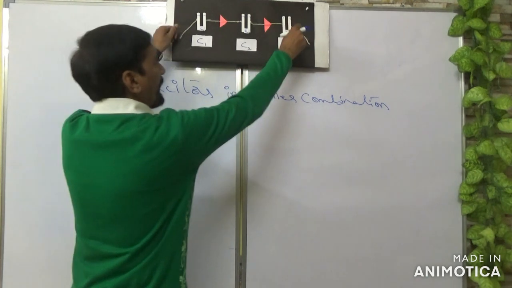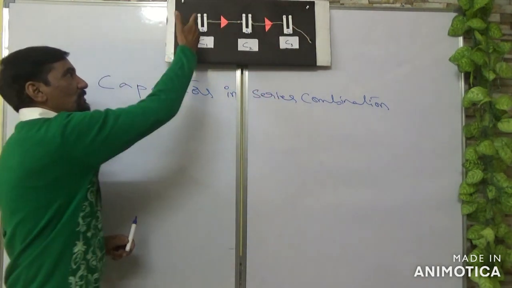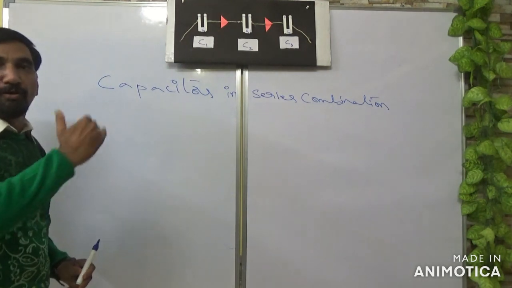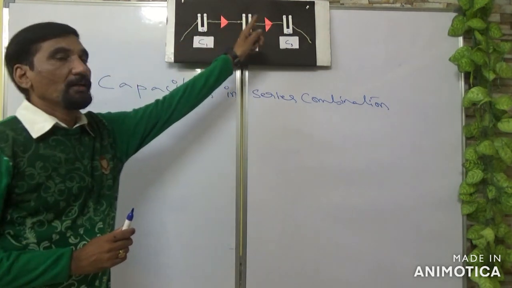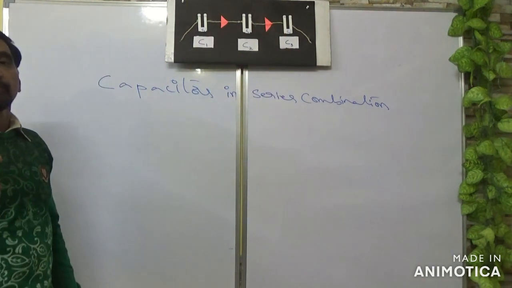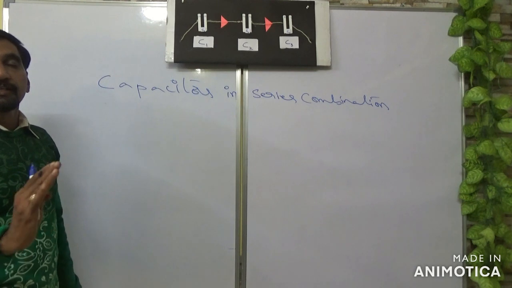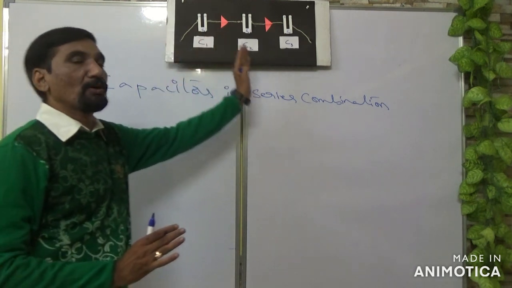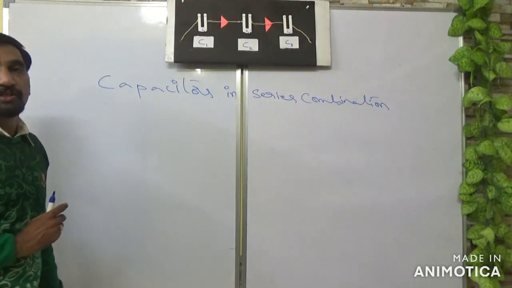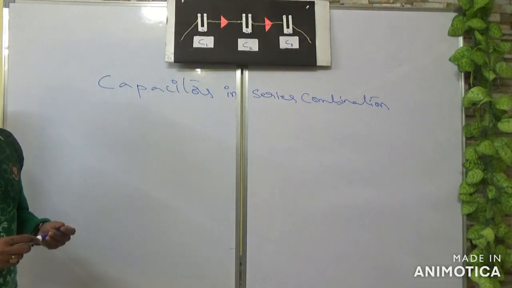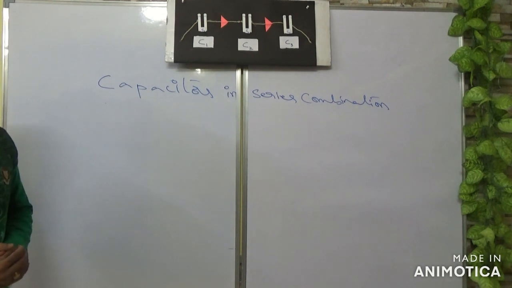Suppose the ends are connected to a battery: the voltage across the first, second and third one differs because they have different capacities.